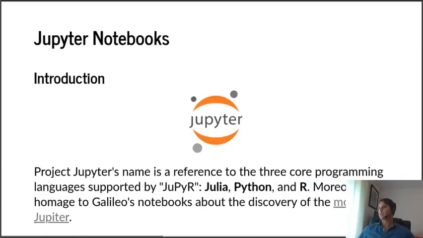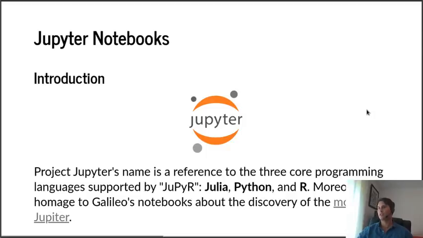About the Jupyter notebooks that we'll be using: as you can see, the logo is Jupiter, the planet, with the moons, and Jupyter is written with a Y instead of an I. That's a wordplay because Jupyter here means Julia, Python, and R, the three core programming languages that Jupyter supports.